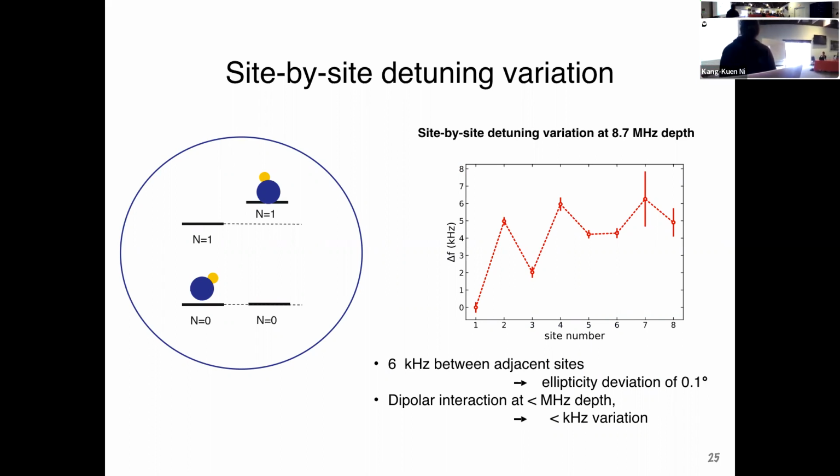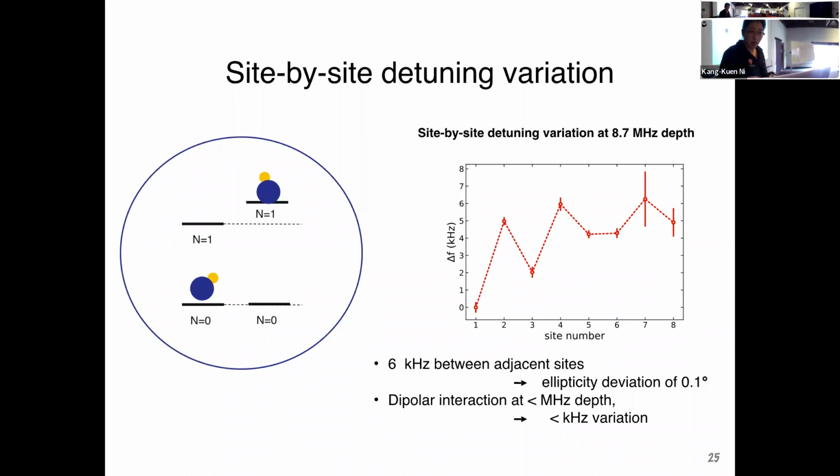And that would be on the order of kilohertz for almost 10 megahertz trap depth. And for dipole interaction, we will reduce the trap depth to be much less, so that the variation is much less than the dipole interaction strength.